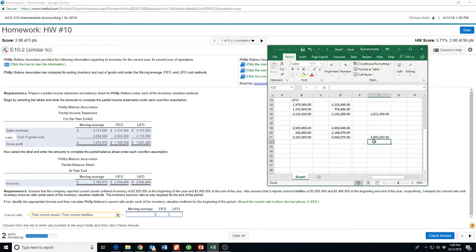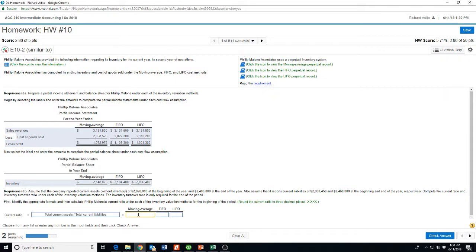Except we don't need average, do we? Not yet. That's for our other ratio. So if we take our ending current assets divided by our ending current liabilities, 2,460,000, we should get 1.85.